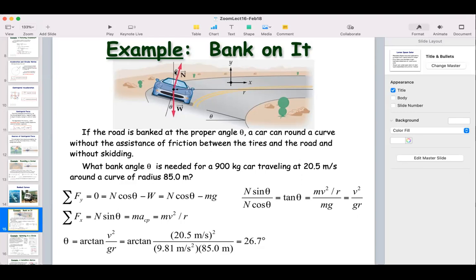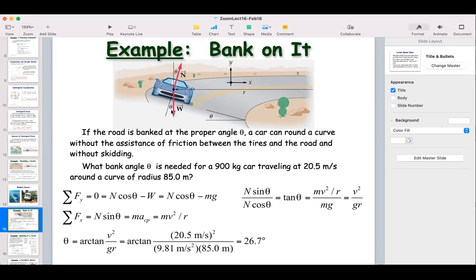Here you really need to pay attention to how to propagate the theta around, because most of the mistakes come from people considering this theta instead of this one. Okay. Now, this is the normal force.